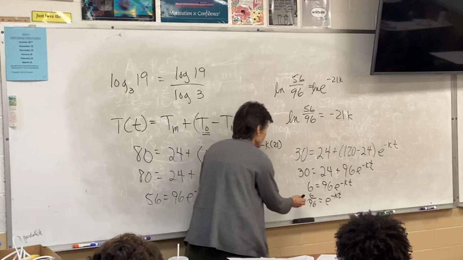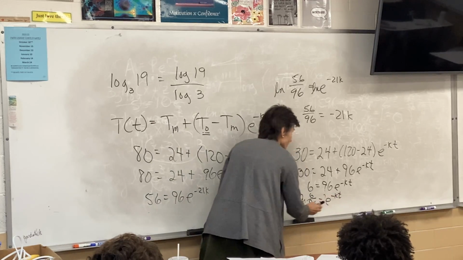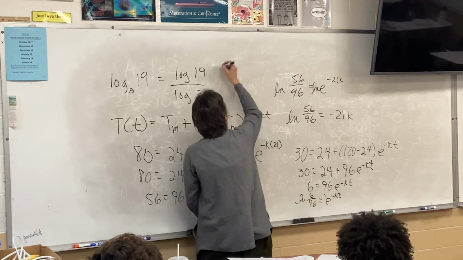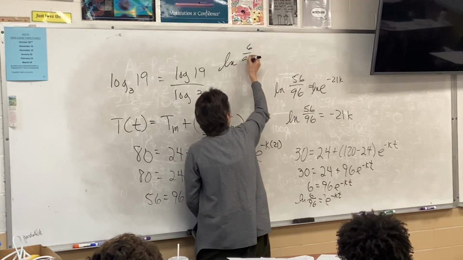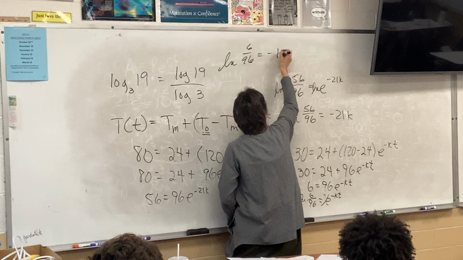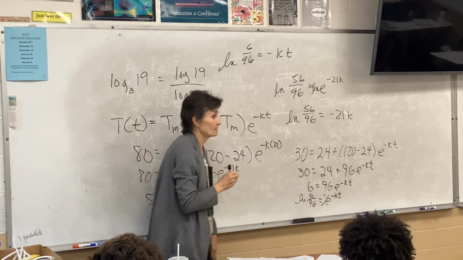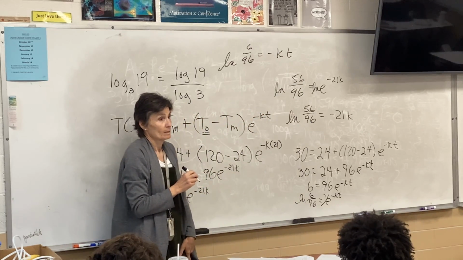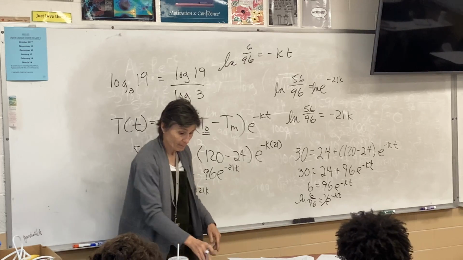Okay, so what's going to happen? We're going to ln both sides, right? So now the natural log of 6 over 96 is going to equal negative kt. So how do I get my answer?